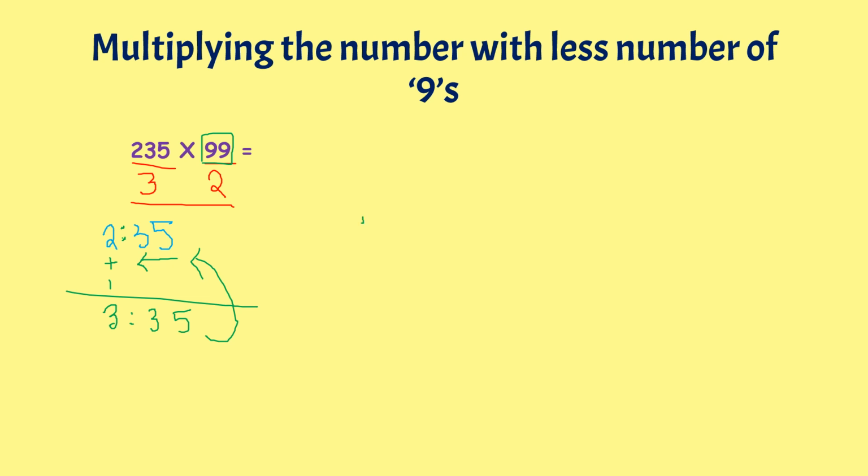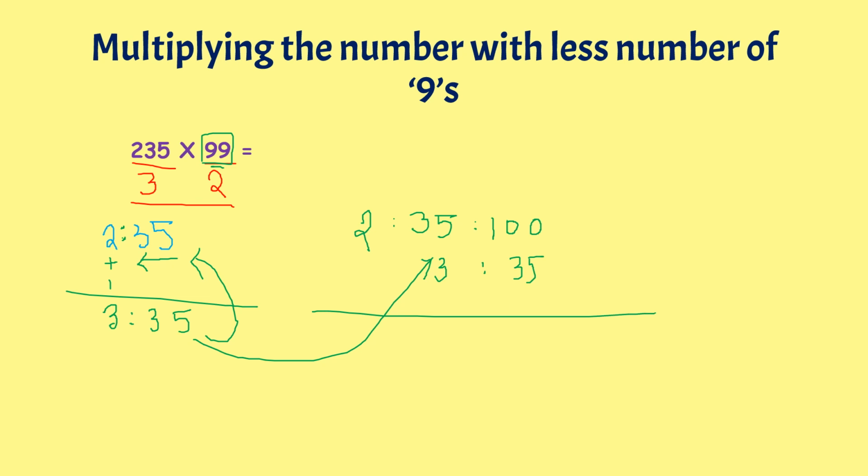I write here 2 35, and after this 35 we have 2 digits, as 99 is there, so I write here 100, and I write this 35 here, and 3 below 2 35. So I subtract: 100 minus 35 is 65, and 35 minus 3 is 32, and 2 as it is. So our desired answer for this is 23265.